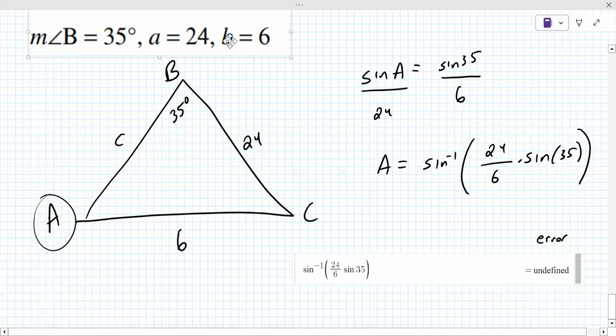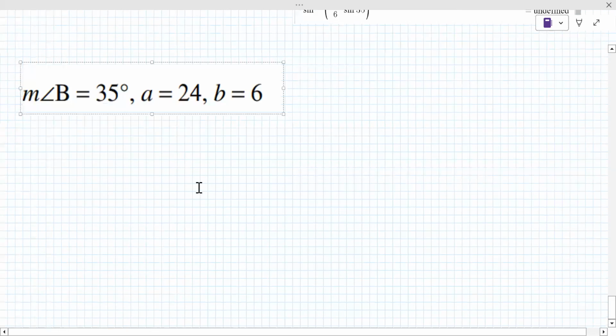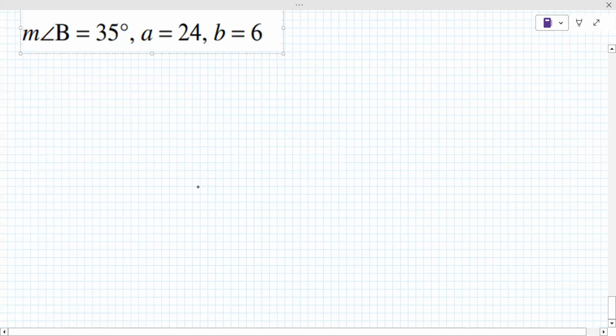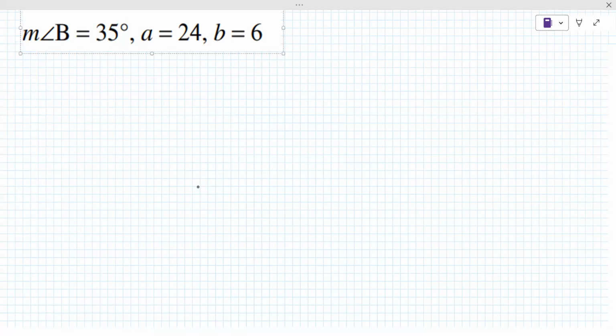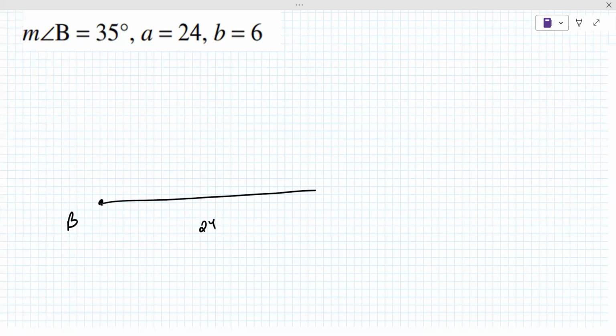Now let's try to draw it physically to see what that means. So I'm going to start with this 24 here. Let's call that 24. And then what we don't know is where B is. We don't know whether B is here or if it's here.